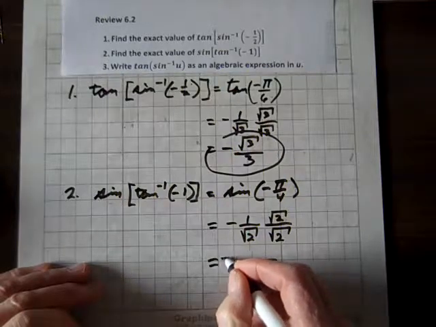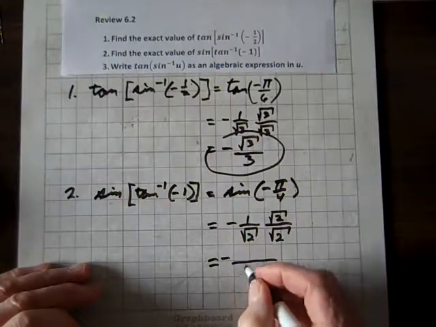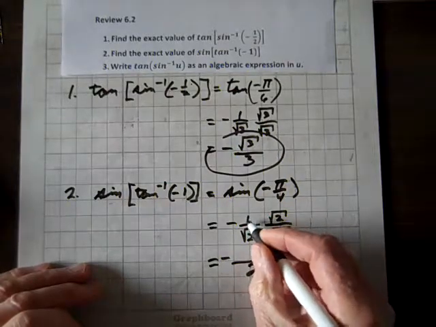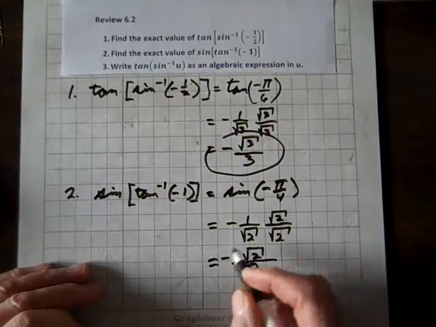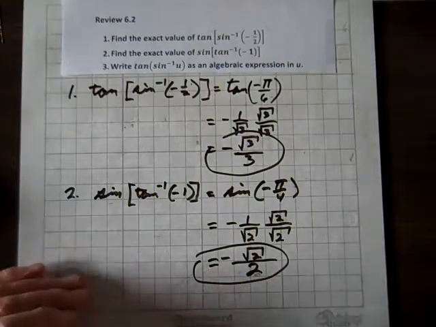And it's going to be negative, and root 2 times root 2 is 2, and 1 times root 2 is root 2. And we've got that one done.